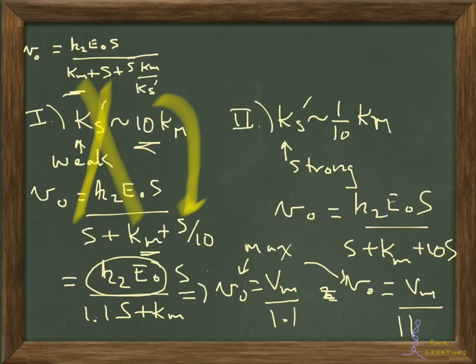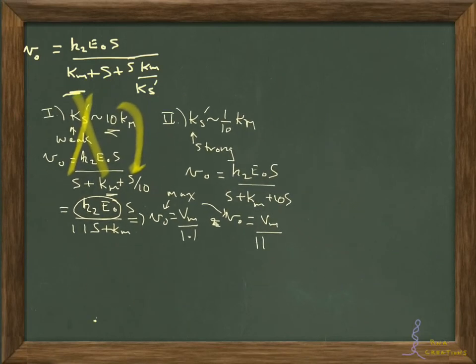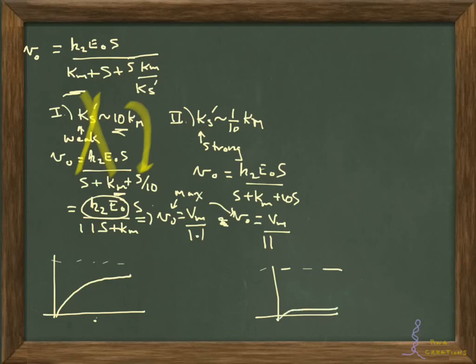So in other words, the rate takes a huge hit here. And so if you go ahead and plot these out, and this is V max, this one goes just a little bit below, but this case goes way below, like that.